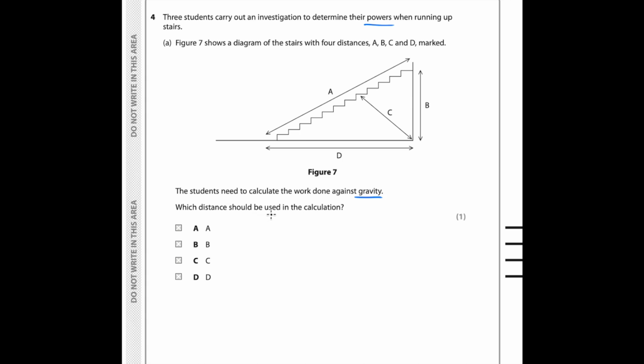Which distance should be used in the calculation? Well, gravity acts vertically downward, so we're looking for a vertical height, or vertical change in height. So that would be B. So the answer is B.